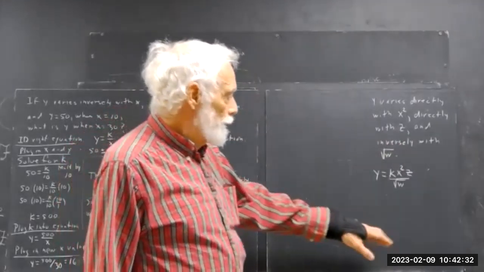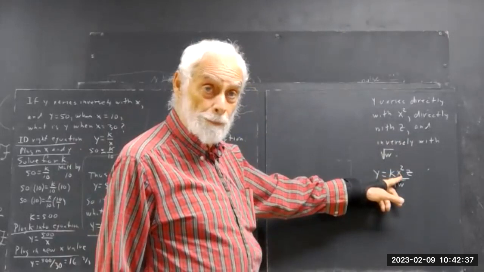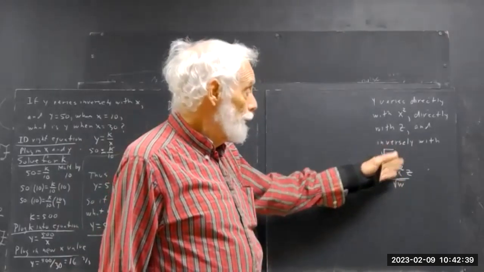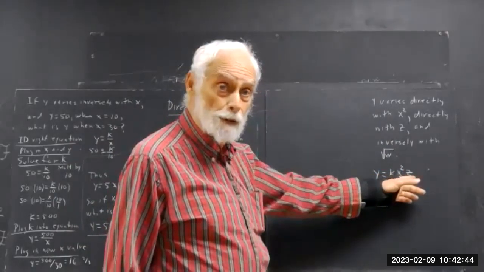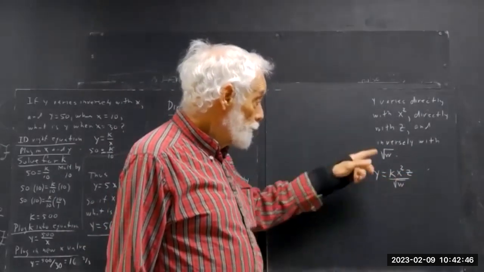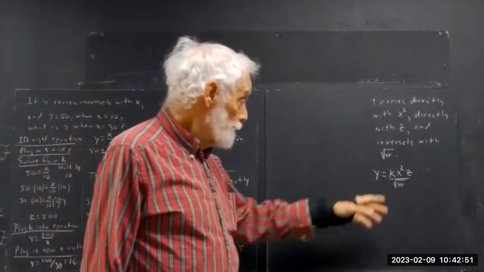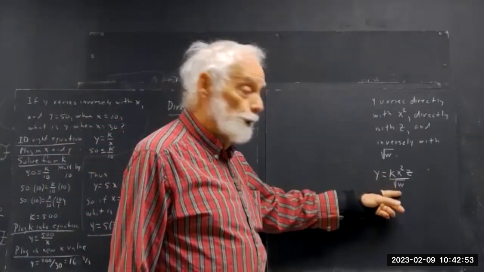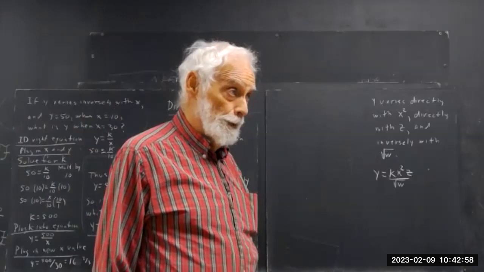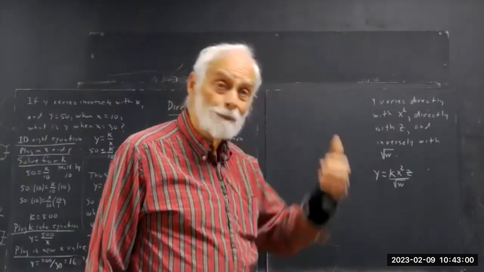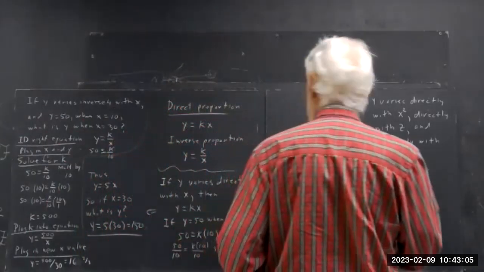So ignore Z and W, Y varies directly with X squared. Ignore X and W, and Y varies directly with Z. Inversely with the square root of W means it goes in the denominator, Y equals K over the square root of W. Ignore X squared and Z. Well, now we can't ignore X squared and Z. We have to do something with it.